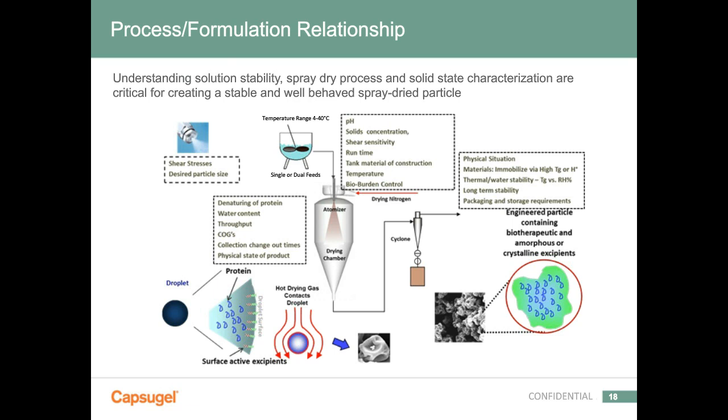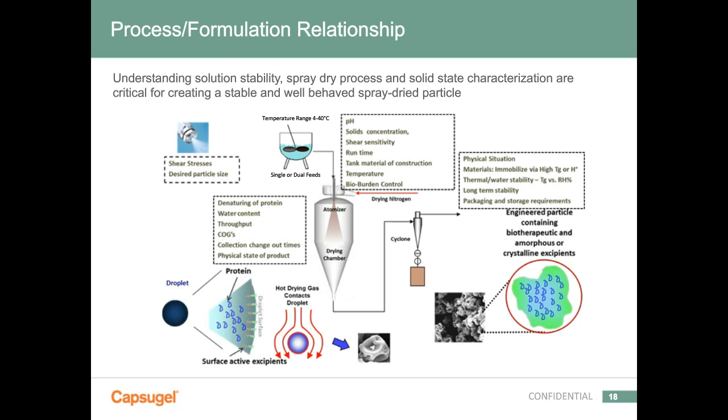So as I stated before, the process is broken up into four different sections. We have a solution, an atomization step, a drying step, and a final collection. Now, the solution is really all about what the API can handle and prefer. So what's the overall pH? What kind of solids concentration can we push? That's an impact on throughput, but also impacts how much atomization stress there may be, or the drying kinetics that we'll see as a function of the solids content.